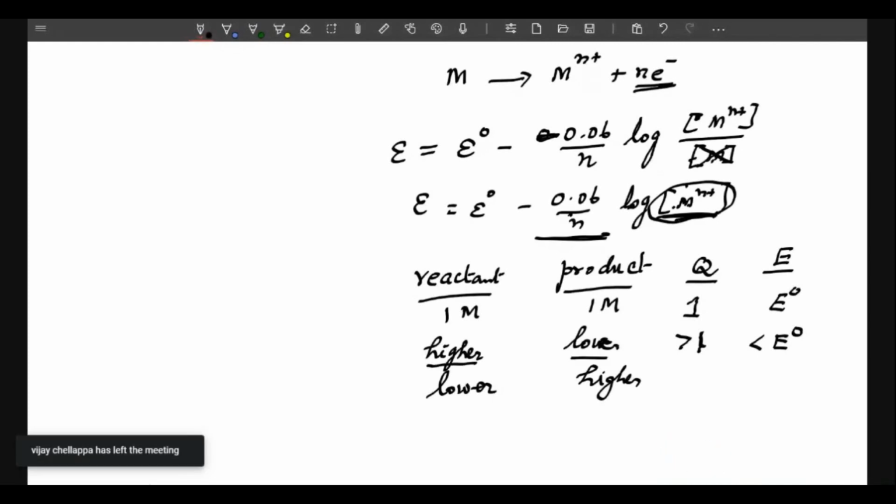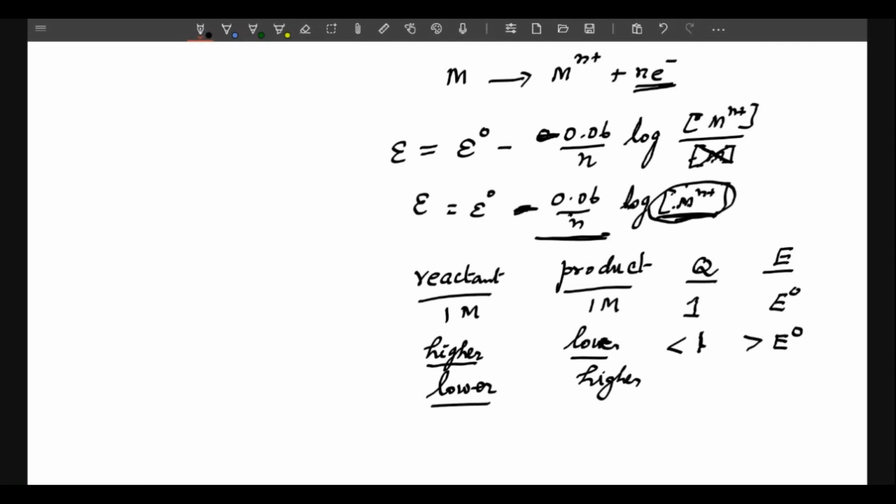If the reactant concentration is higher, the quotient value is not greater than 1. Sorry, it is less than 1. If it is less than 1, the log would be a negative value. That negative and this negative convert into a plus value, and the E value is greater than E naught.